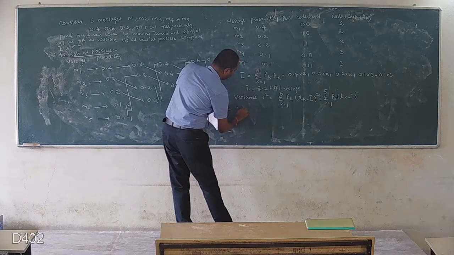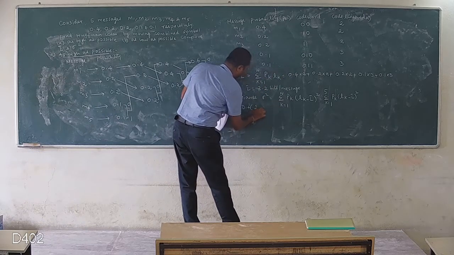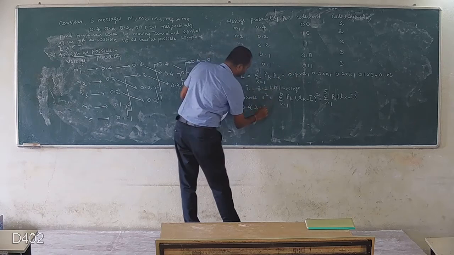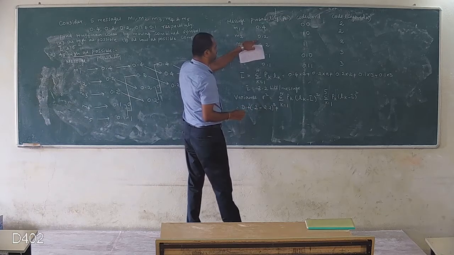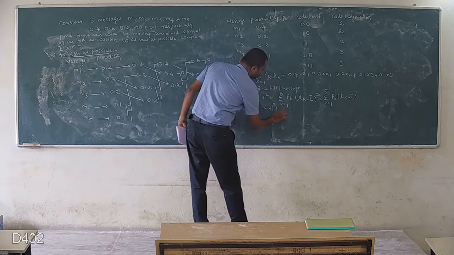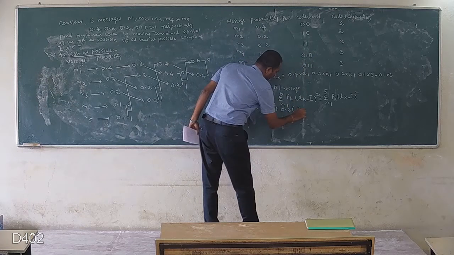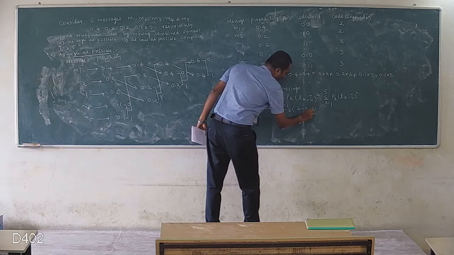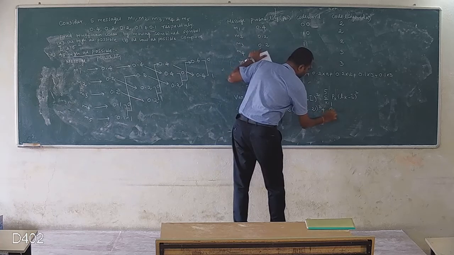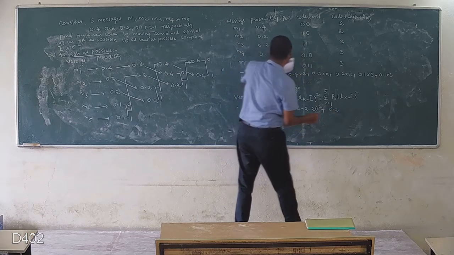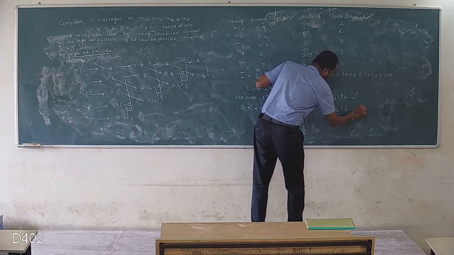So 0.4 into (2 minus L bar, which is 2.2) whole square, plus for the next message 0.2 is the probability of occurrence, so 0.2 into (lk is 2 minus 2.2) whole square, plus for the third message 0.2 into (2 minus 2.2) whole square.